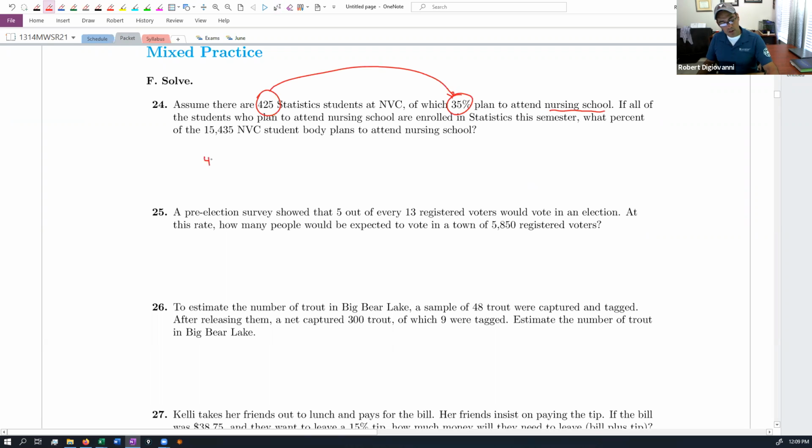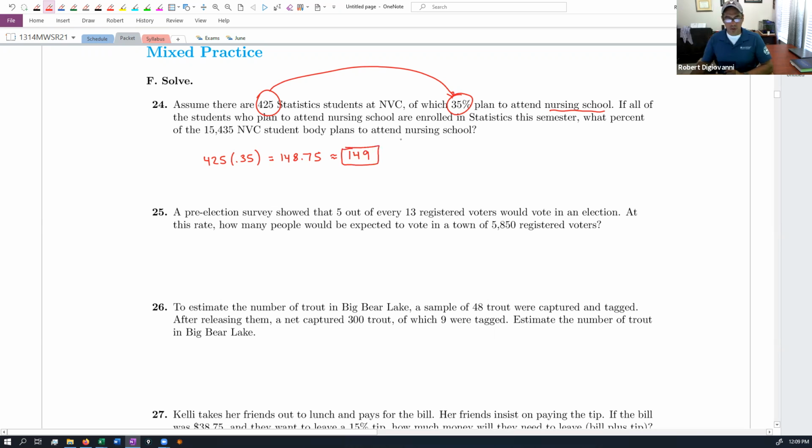You take 425 and multiply it by 35%, which is the decimal 0.35. And I get 148.75. We're talking about people here, so you can't really have a decimal. So we'll just say approximately 149 people.